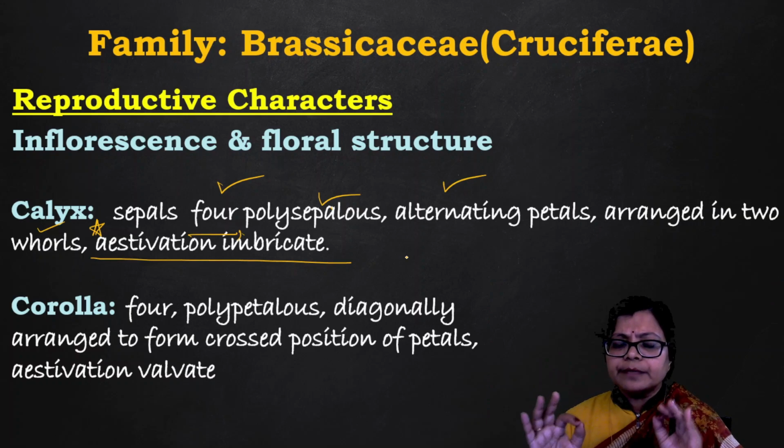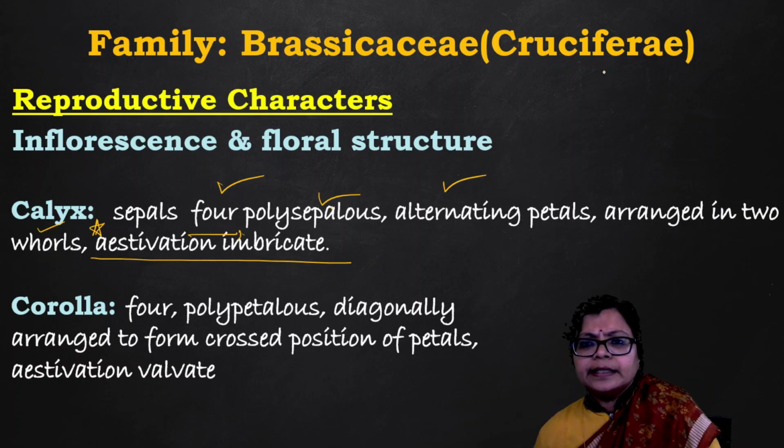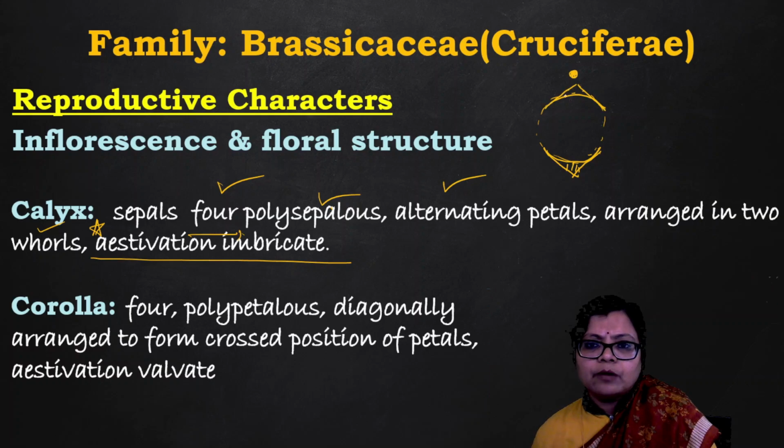What do you understand by imbricate estivation? That means if it is the mother axis, then two sepals are present on the outer side and two sepals are present on the inner side.